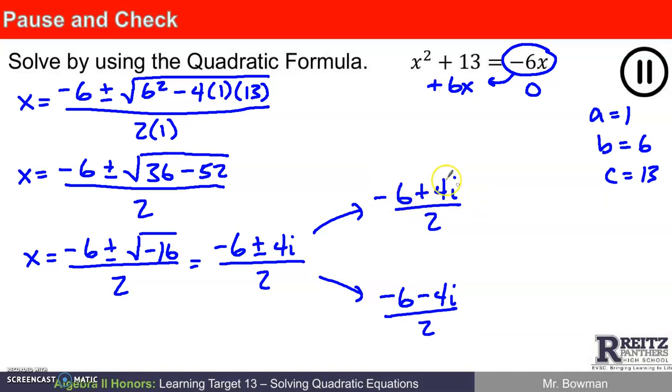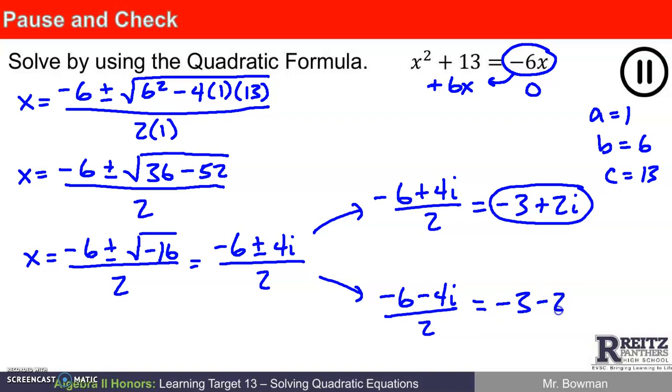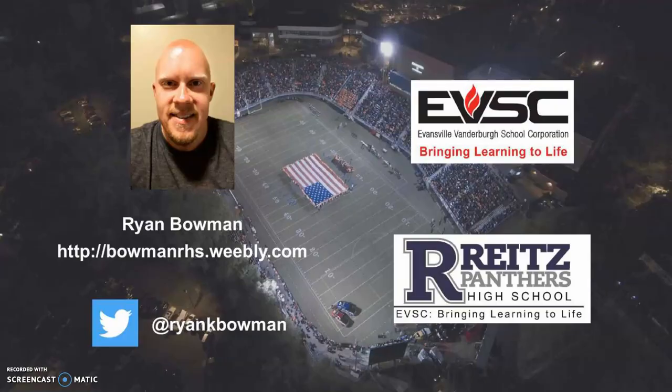This is a whole complex number divided by 2. But to divide this complex number by 2, you just need to divide the coefficients. How about negative 3 plus 2i as one answer? How about negative 3 minus 2i as the other? And you've got it. Thanks for watching.